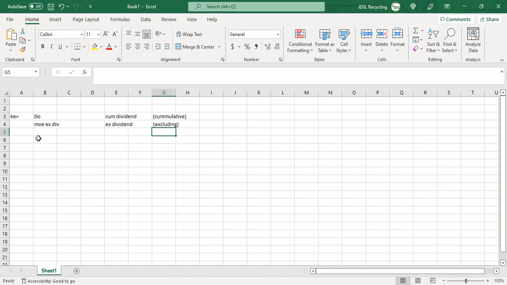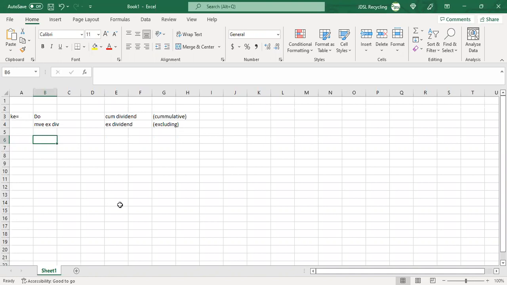So the examiner will give us information relating to the market value, but it will not be stated if it is cumulative of dividend or excluding dividend. But how can we determine if it is cum dividend or ex dividend? It is by looking at the current dividend.